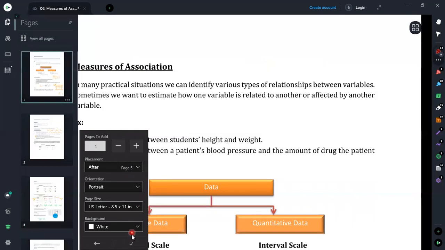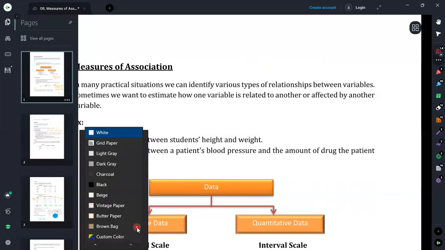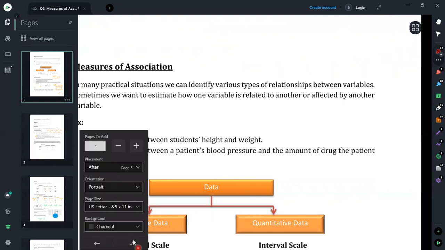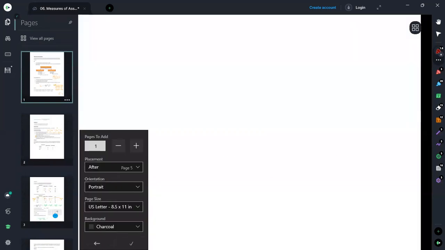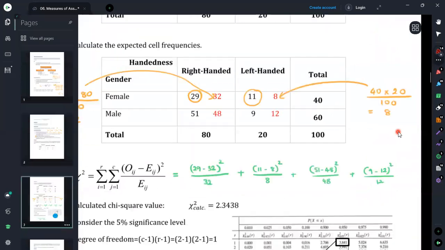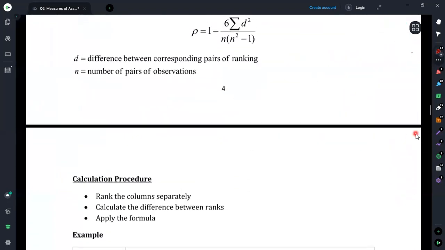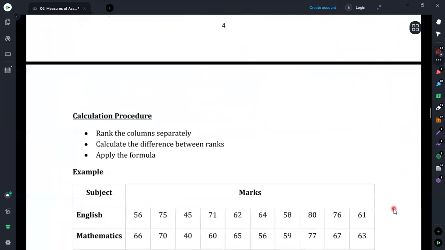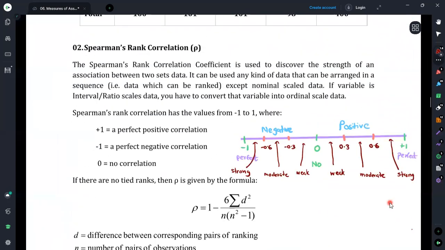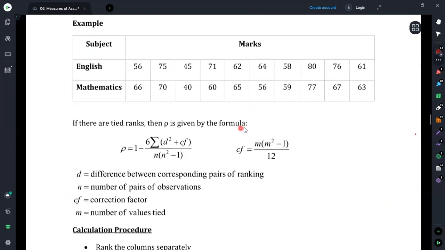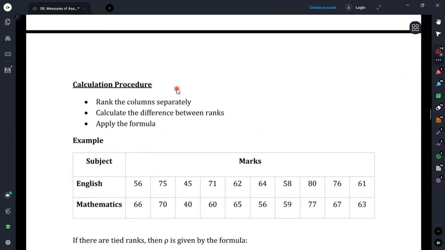Now I will discuss the calculation for this example as well.